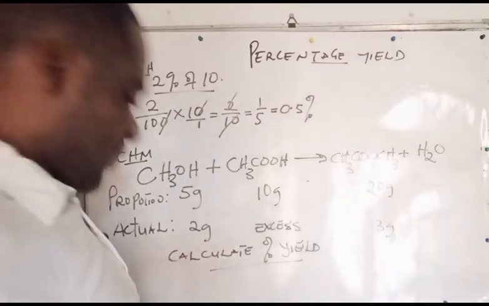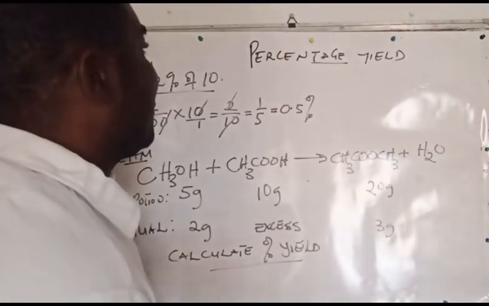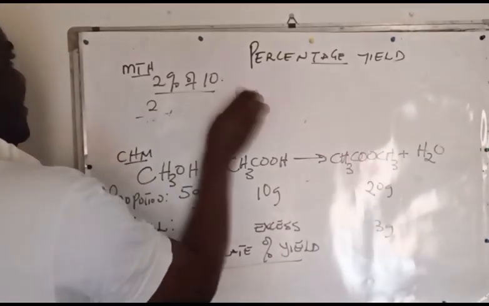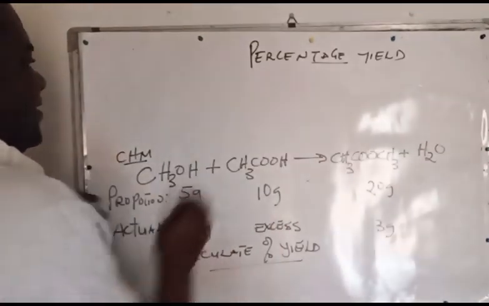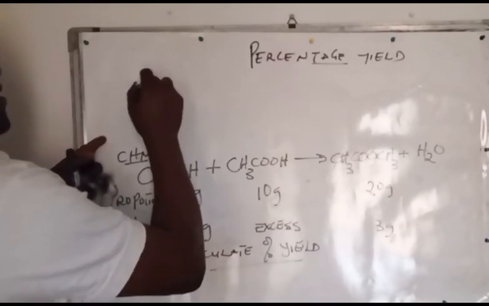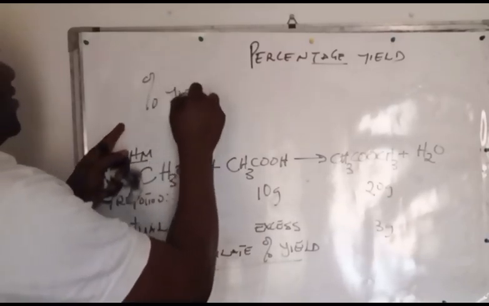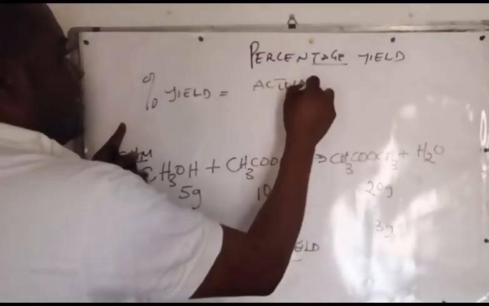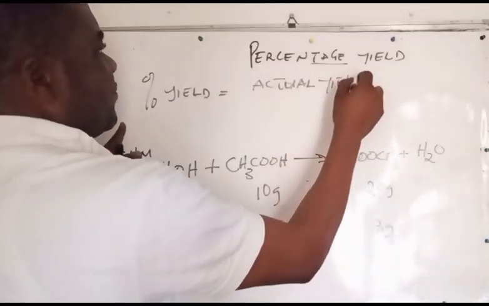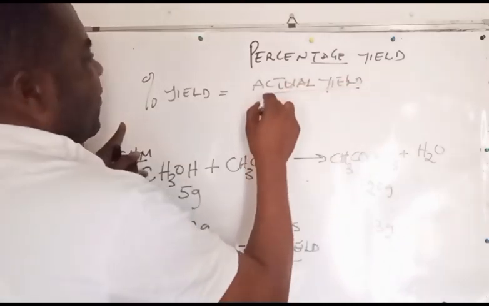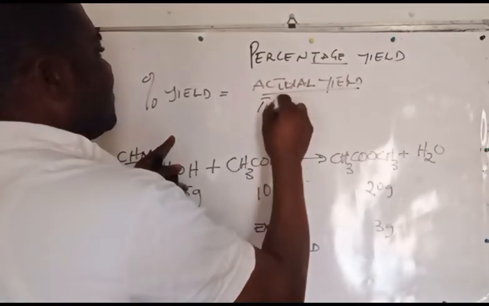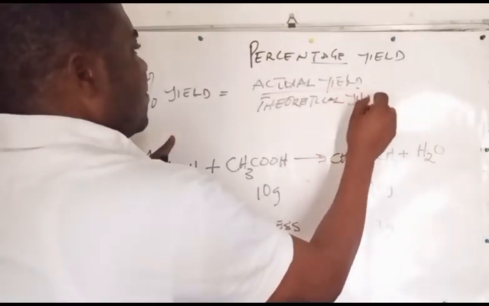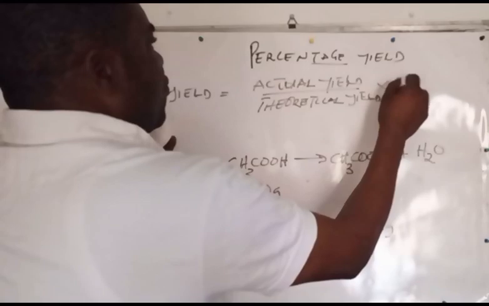Now if you are looking for percentage yield, there is a formula that applies. Percentage yield is equal to the actual yield all over the theoretical yield, times 100 over 1.